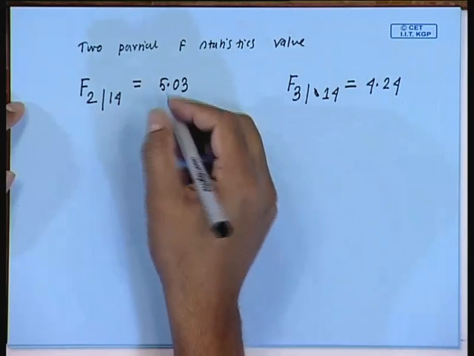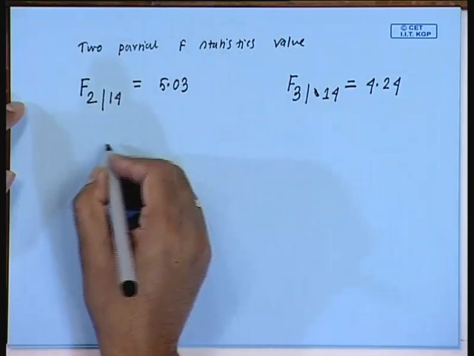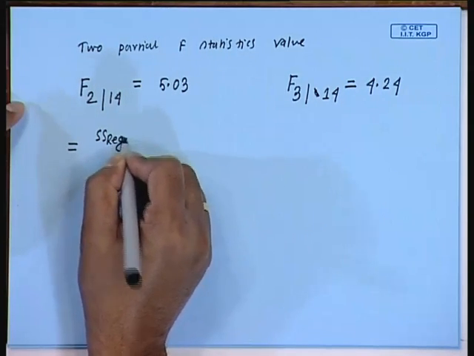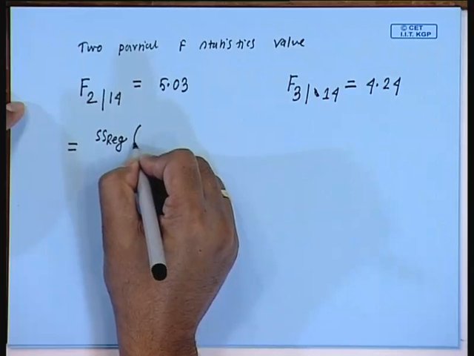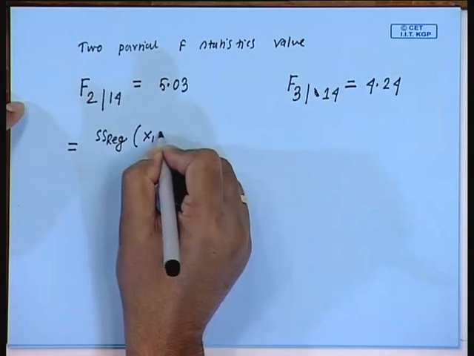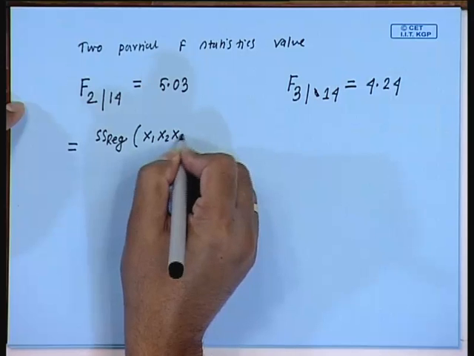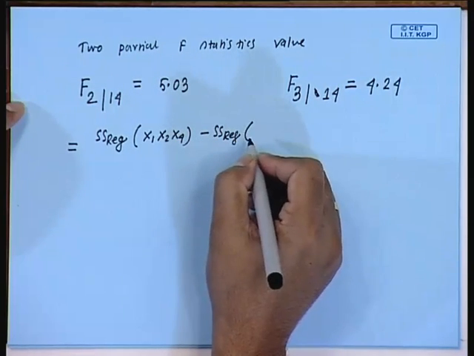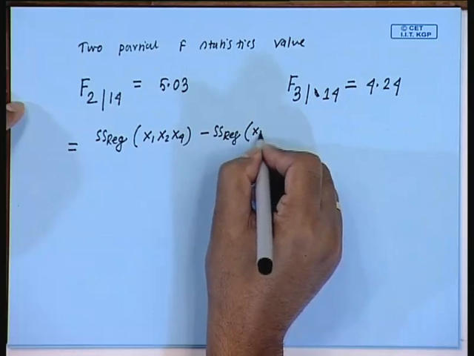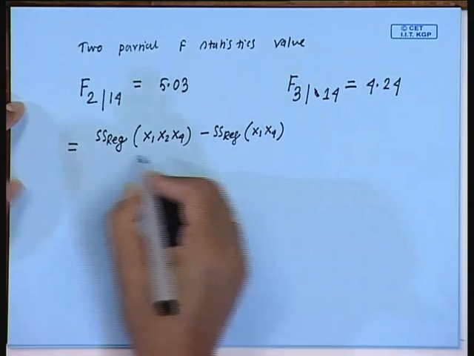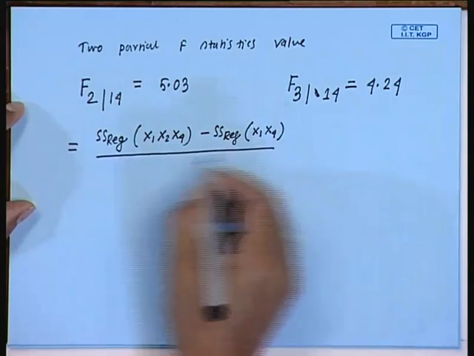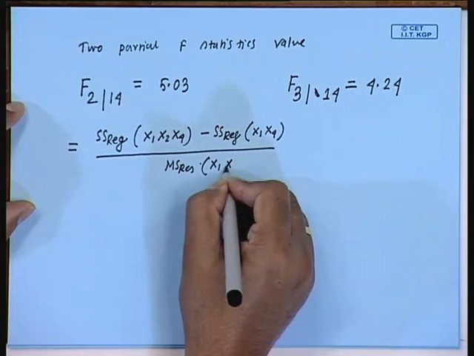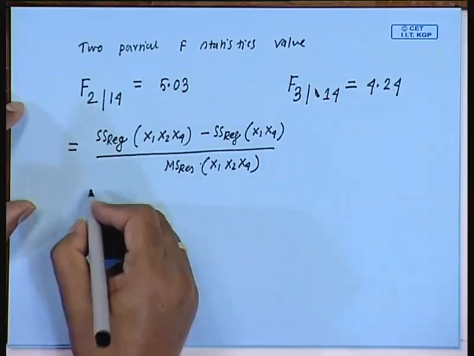Okay. Still, maybe I will write down this one. See, this is equal to SS regression for the full model, that is x1, x2, x4, minus SS regression for the model involving x1 and x4, by MS residual for the model involving x1, x2, x4.